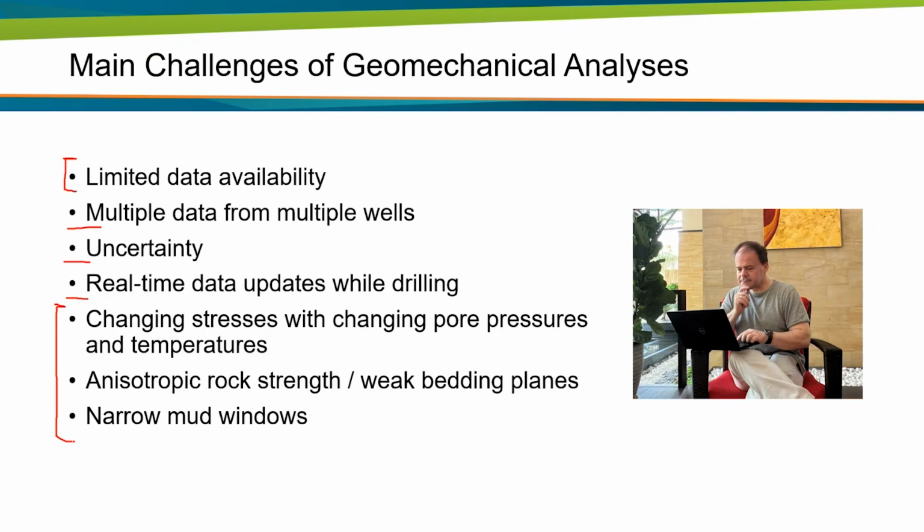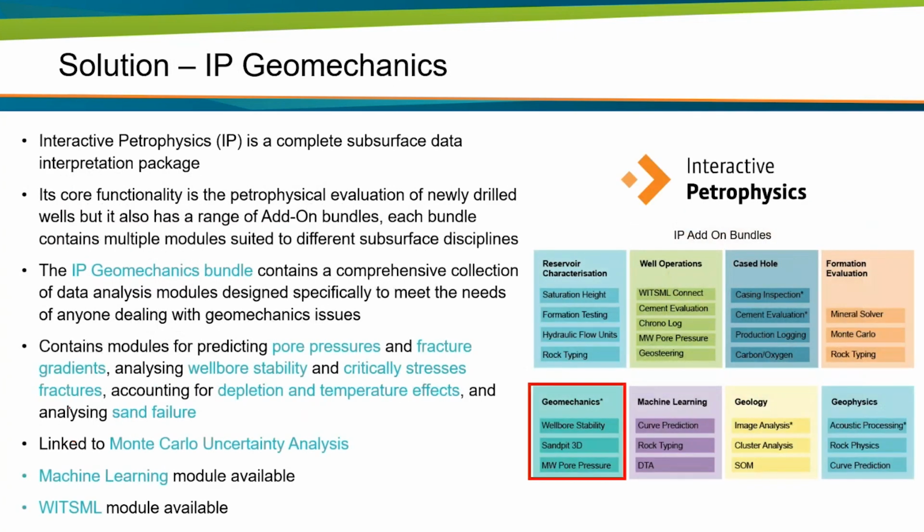Now, how do you do that? Well, of course, you need to use IP to address those challenges. IP, Interactive Petrophysics, is in essence a petrophysical software, but it has these add-on modules, and one of the modules is geomechanics. And so this geomechanics module allows you to do pore pressure prediction, calculation of fracture gradient. It lets you do wellbore stability analysis, sand failure analysis.